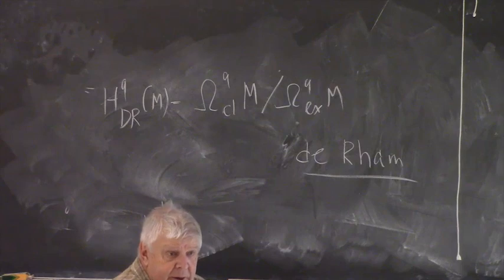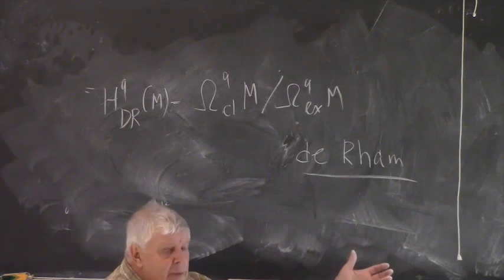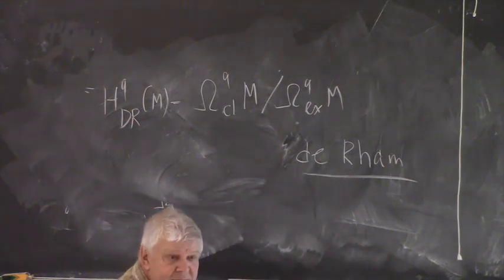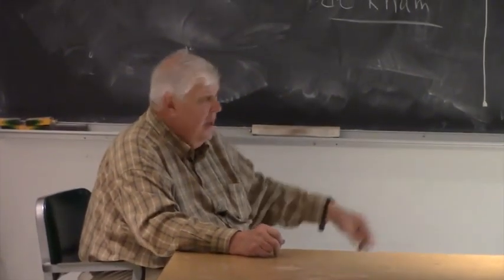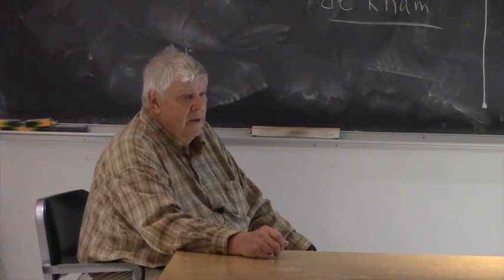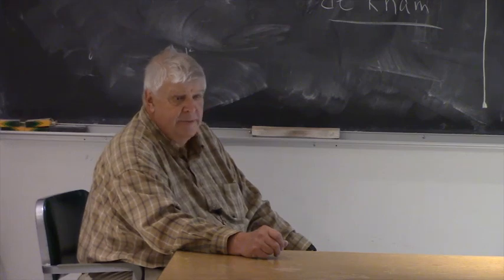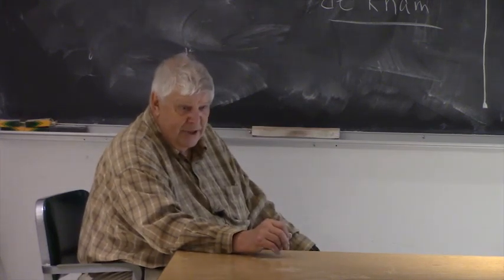A miracle here. I call it a miracle. You see, these spaces are huge, omega q of M. Huge space. Closed and exact, also huge spaces. But the quotient is small. In particular, for any finite dimensional manifold, it's finite dimensional. For any compact manifold, it's finite dimensional.